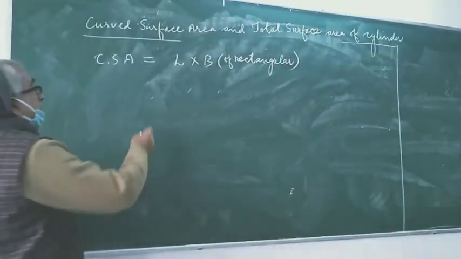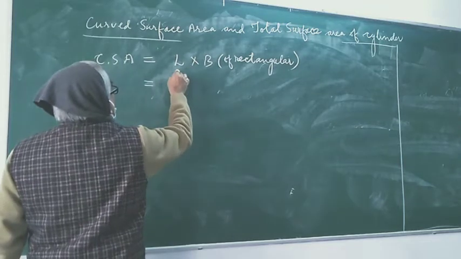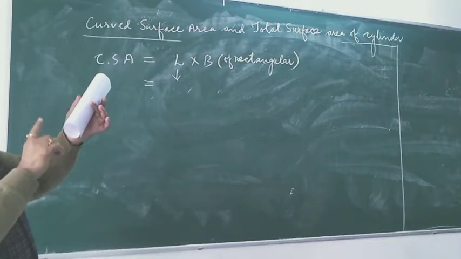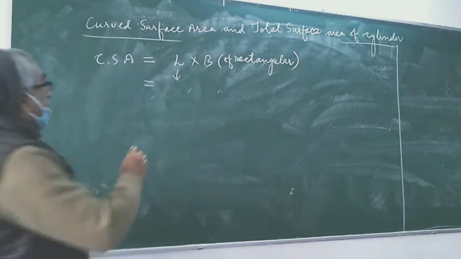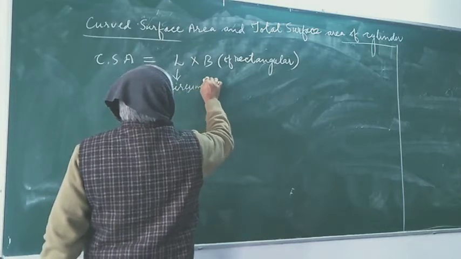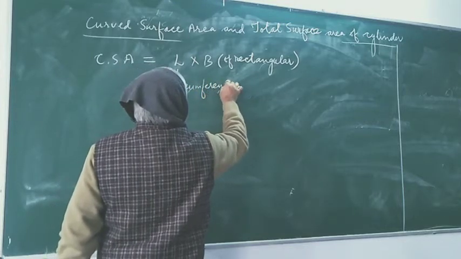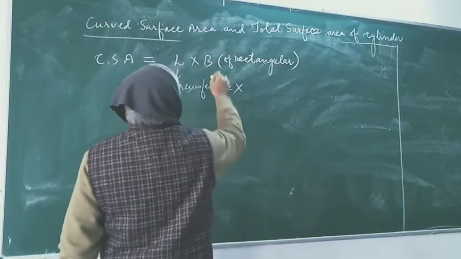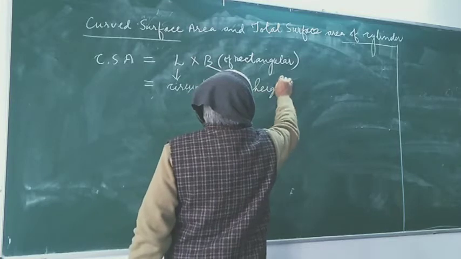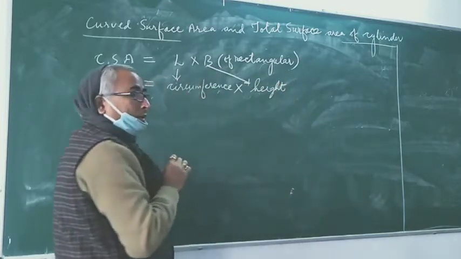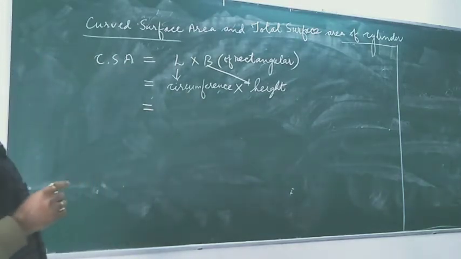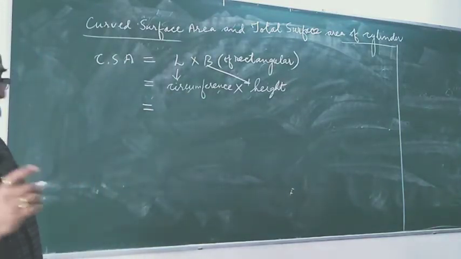Now see, this L is converted into 2 pi r, the circumference. Multiplied by B, which is converted into H, height. And we know circumference of any circular patch is 2 pi r.